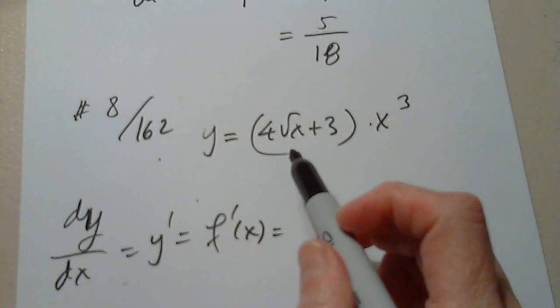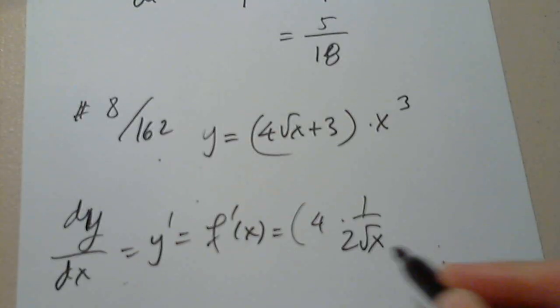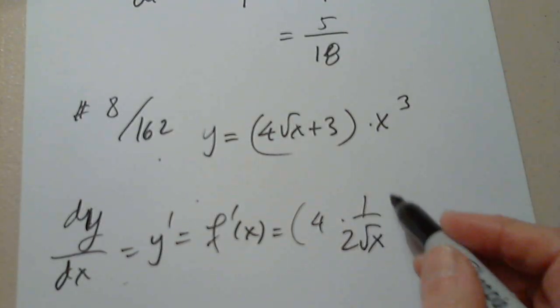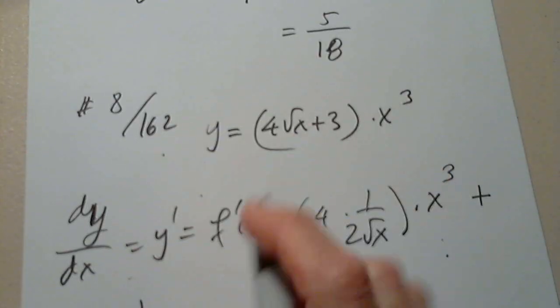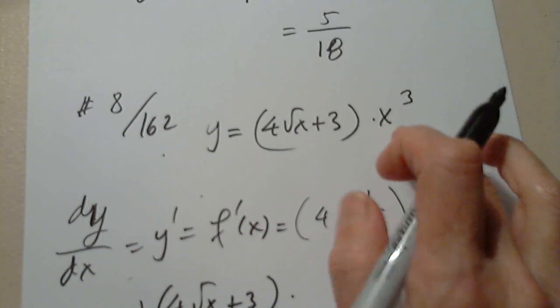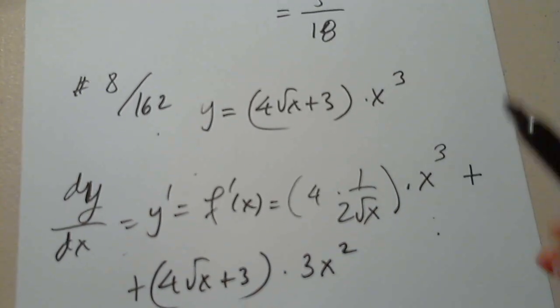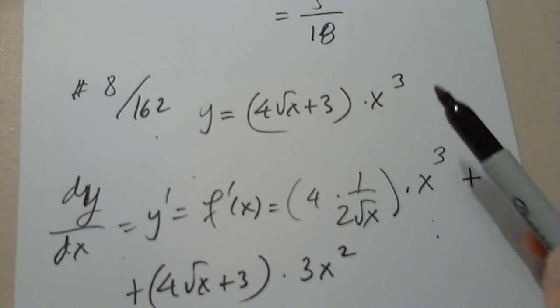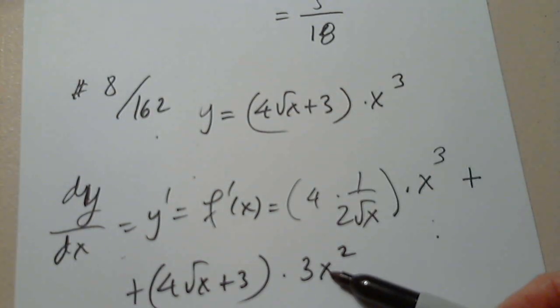So I'm differentiating: 4 times 1 over 2 the square root of x, because 3 prime is 0, times x to the third, plus the first function times the second function prime.